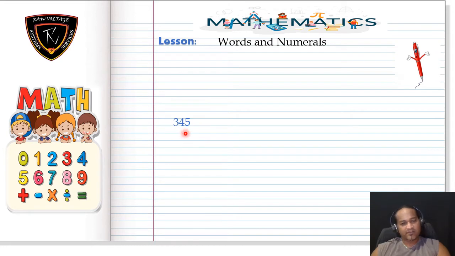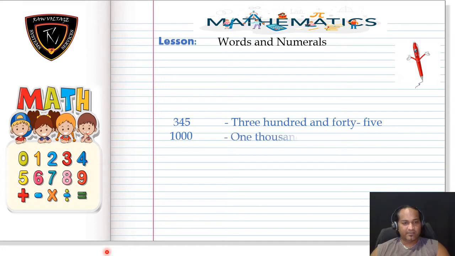So if I write this number in words, I will have to write 345. If I have another number, 1000, I read that number as 1000. I will write the number as 1000. That's the words for the number.